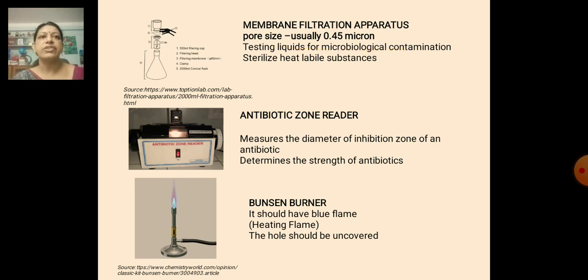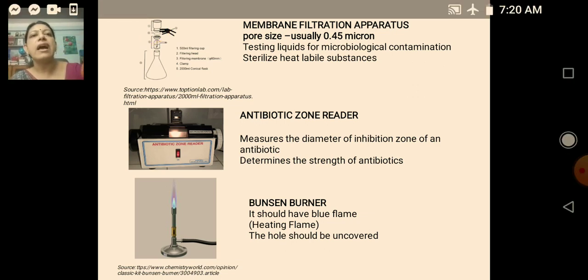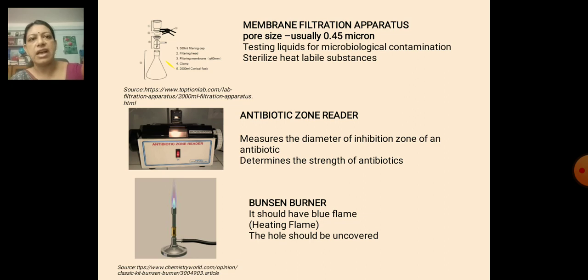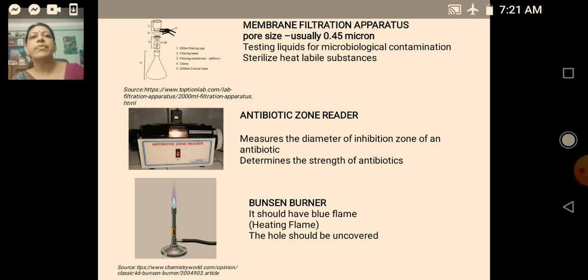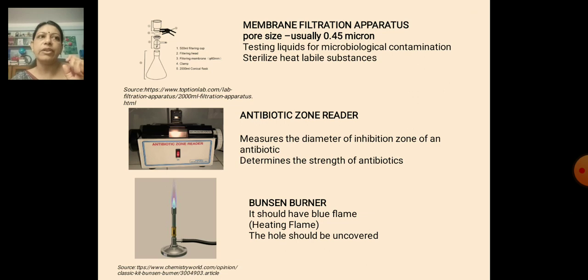This membrane filtration apparatus has a cup on top and a conical flask of a large volume, for example, 2000 ml. We pour the liquid substance over here, and while pouring it, it will pass through the membrane.